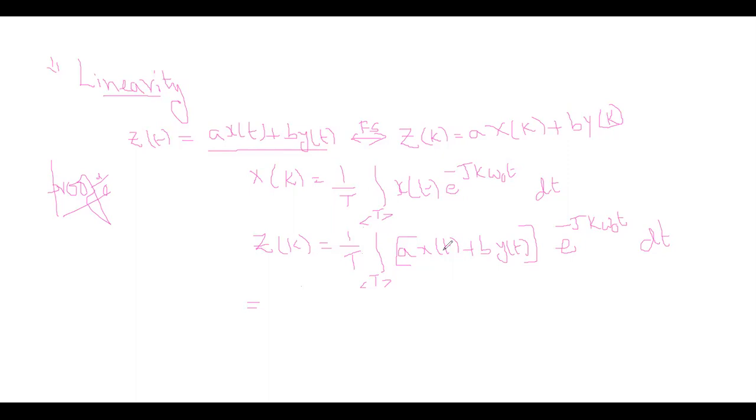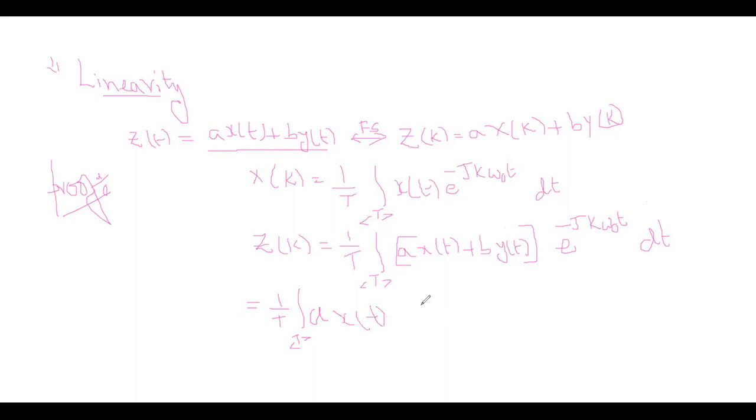Z of k is equal to 1 by T, the given. Now I can write this integral as two parts: 1 by T, the integral over T, a into x of t.